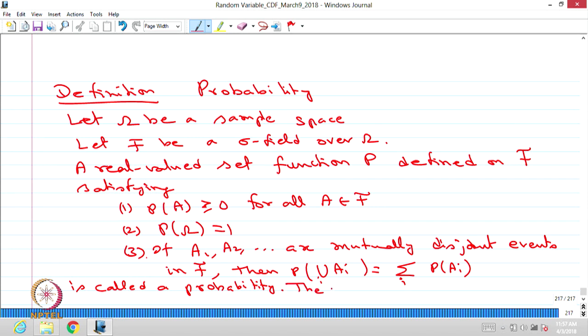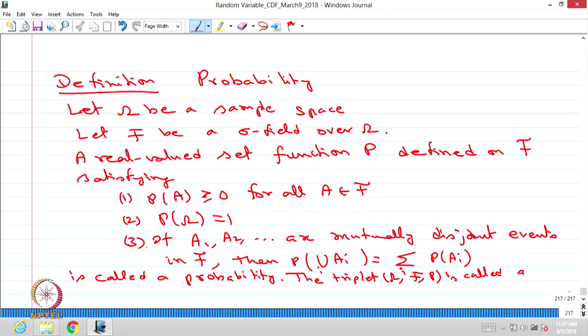The triplet, that is omega, F, capital P, that is called a probability space. This definition is very important.